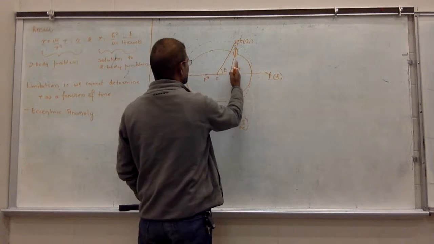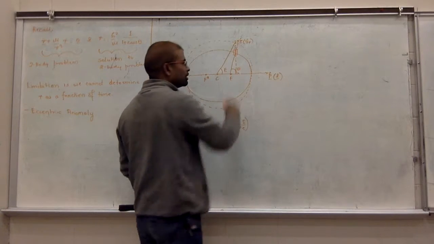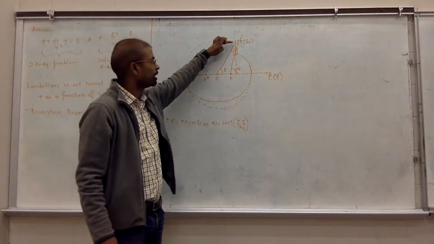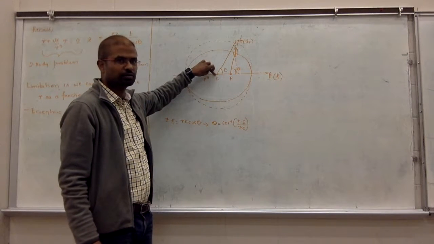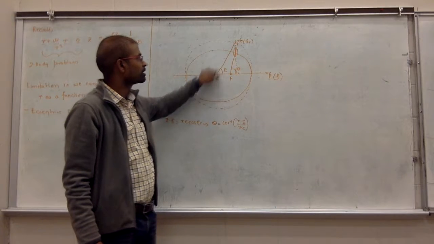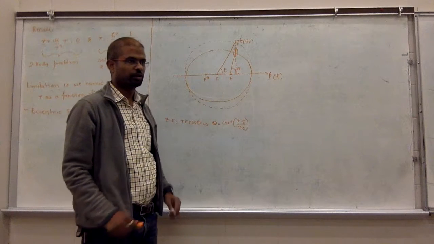Wherever the perpendicular meets the circumscribed circle, you join that to the center. And the angle made between this line and this line is the eccentric anomaly.